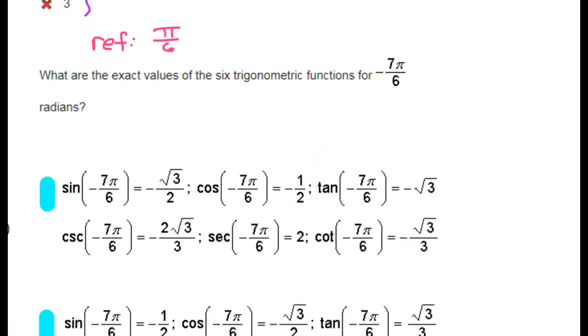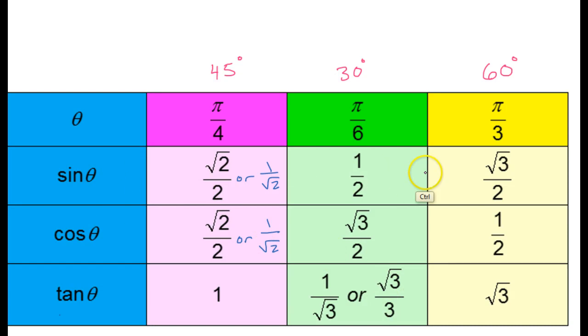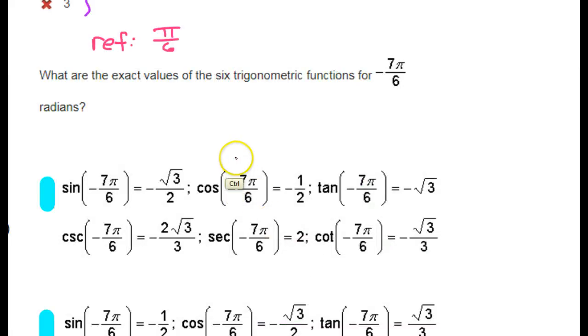That means that the exact values of the trig functions are going to be the same as the values that I would get from this chart, except for the sign. Okay, they could be positive or negative. So let's look at the chart. For pi over 6, the sine of pi over 6 is 1/2.